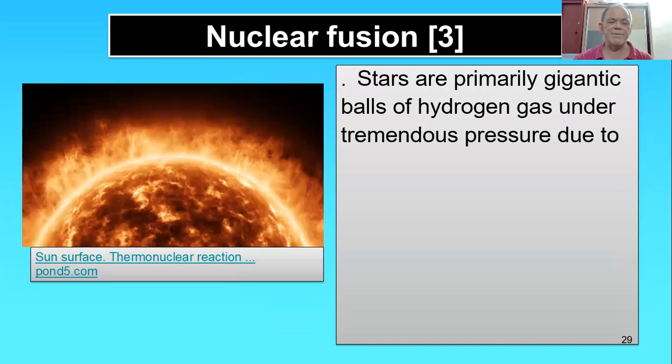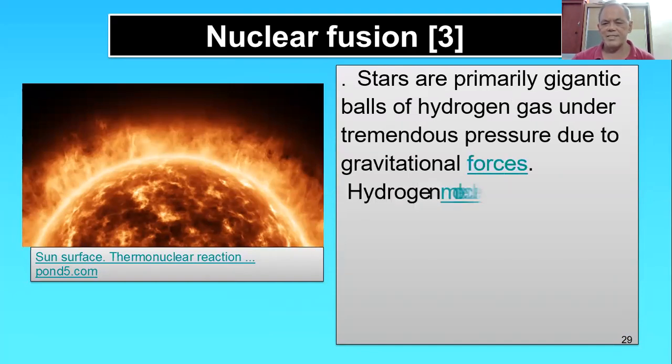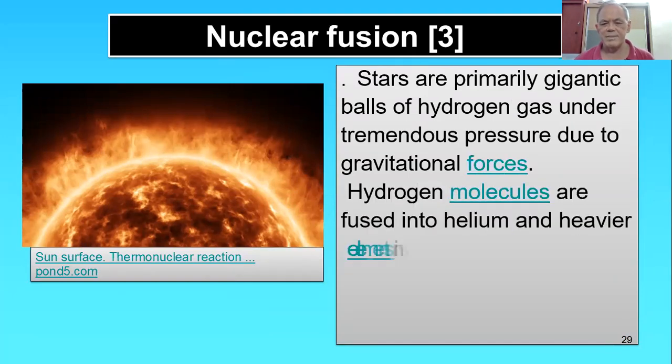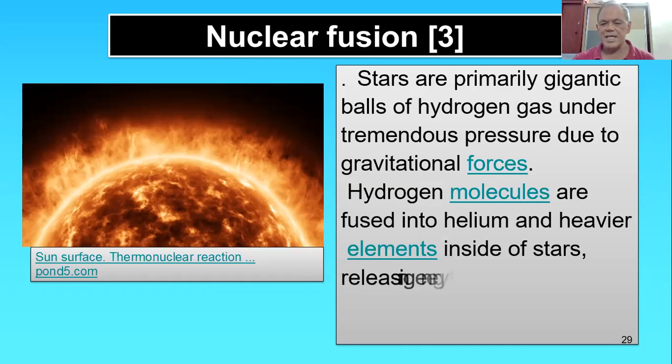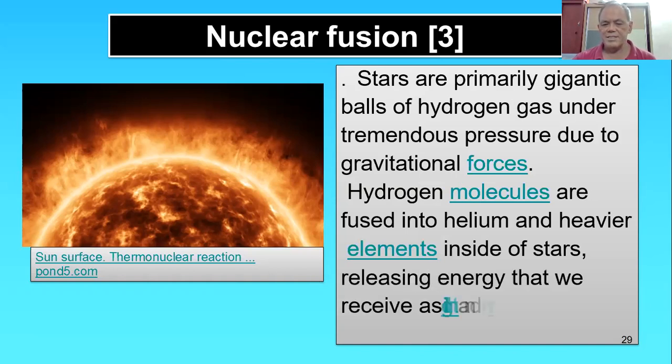And basically, remember, the hydrogen gas is pulling each other together, and they are colliding, with gravitational forces pulling them together. And then they collide, they fuse to form a heavier element inside the star, releasing energy that we see as light and heat.